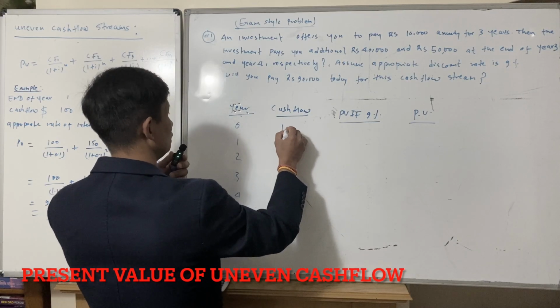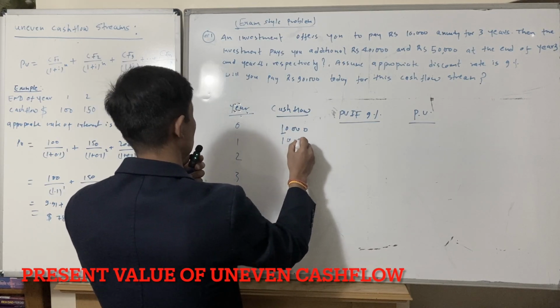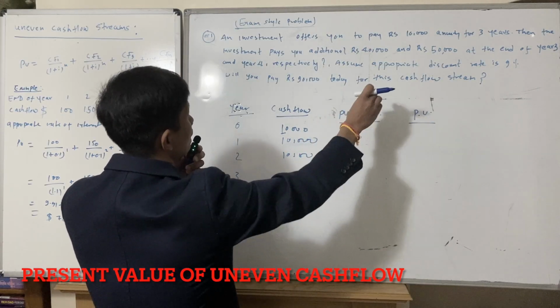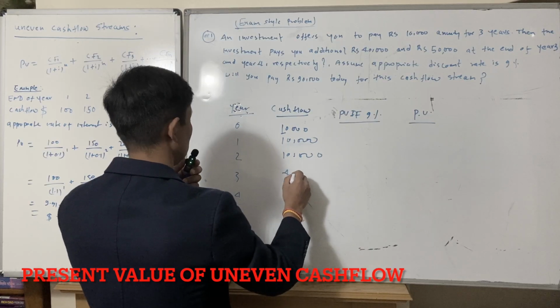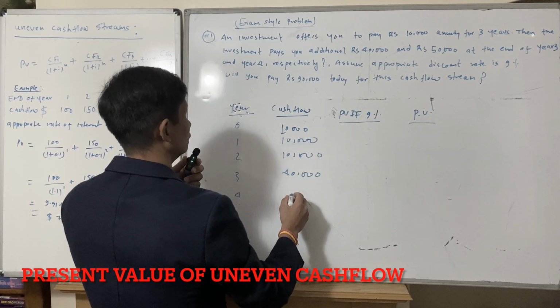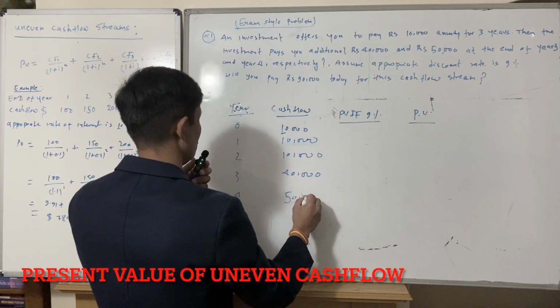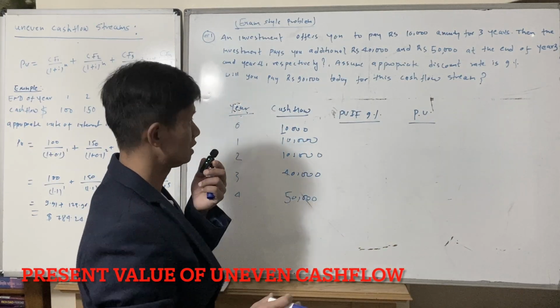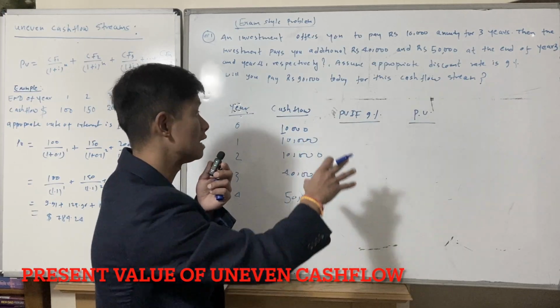The cash flow is 10,000 in year 1, 10,000 in year 2 as well, but in year 3 it is 40,000, then 50,000 at year 4. So we look at the present value interest factor tables at 9%.